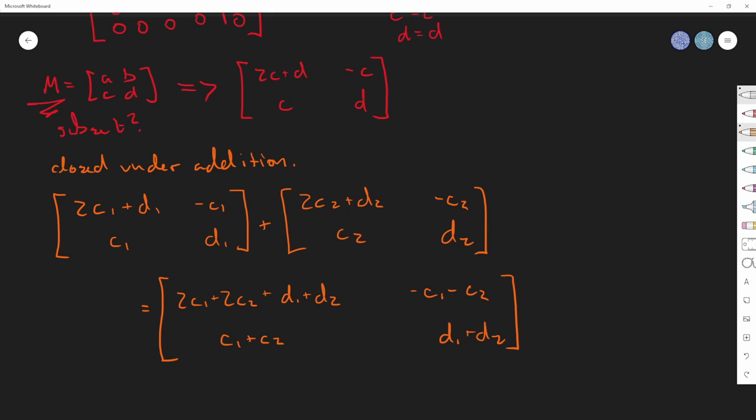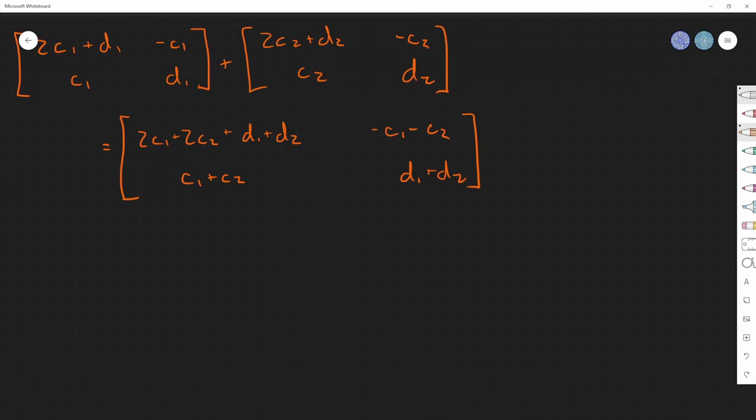And what we can do now is substitute these variables. Well, actually here you can factor out a negative 1, so we have c1 plus c2.